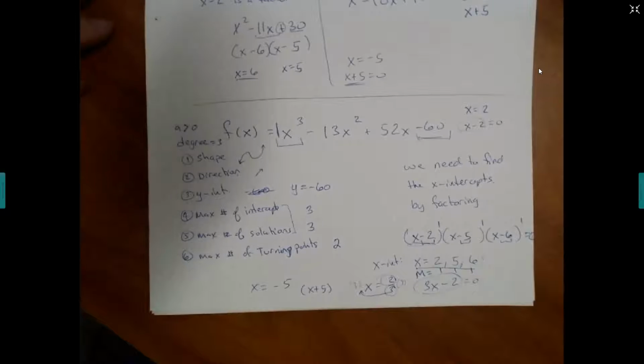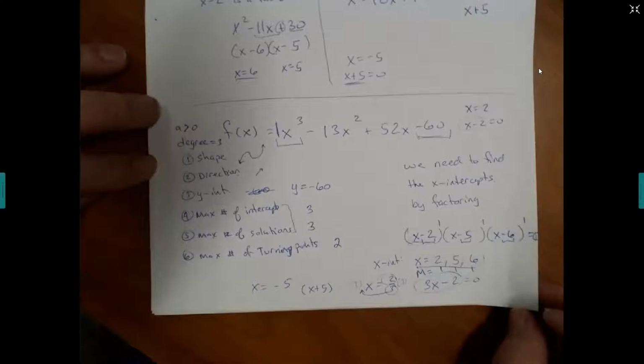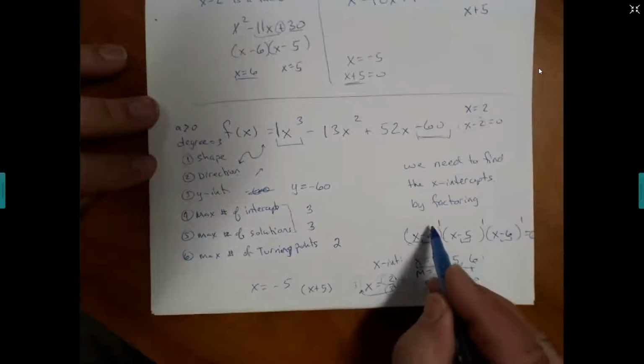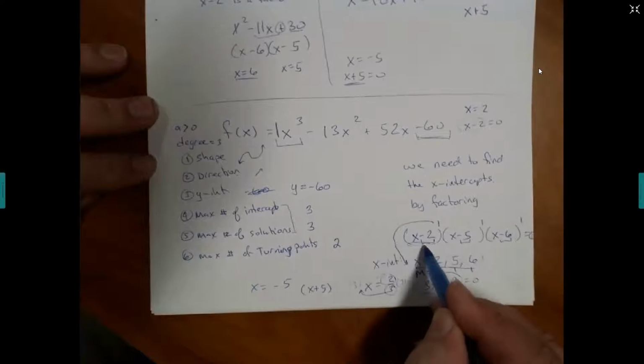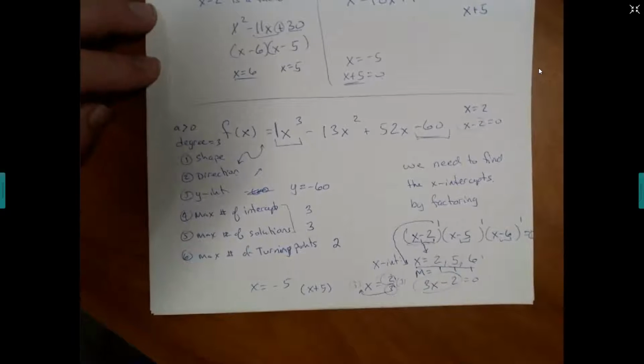So there's another thing we know. The multiplicities are the exponents, and the solutions are the x-intercepts.